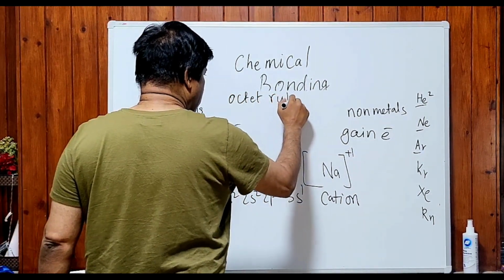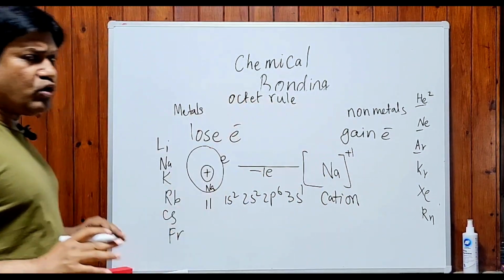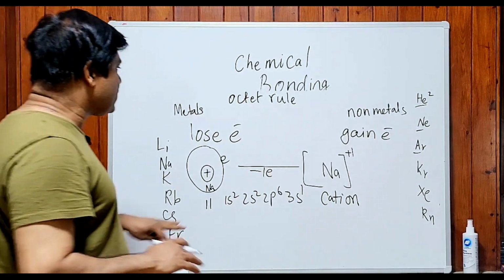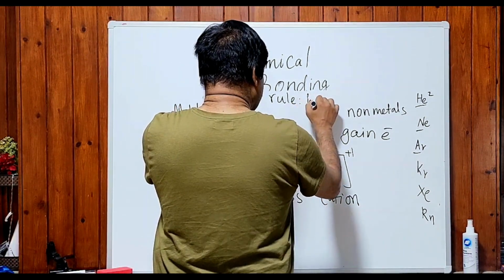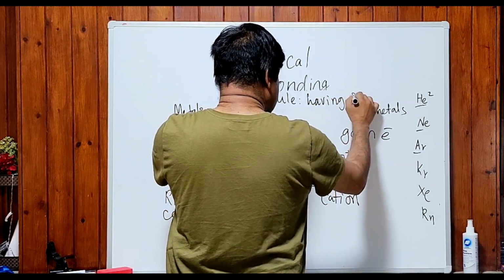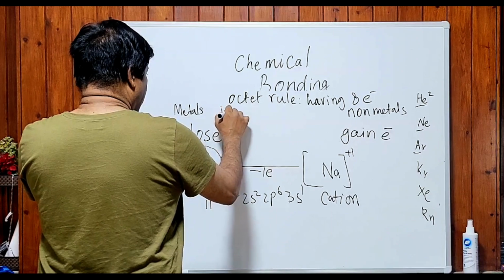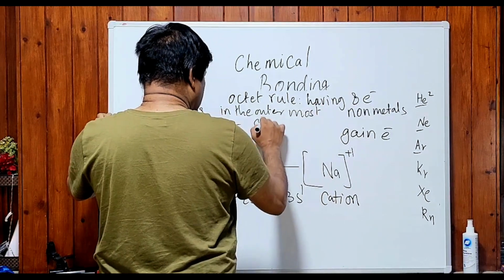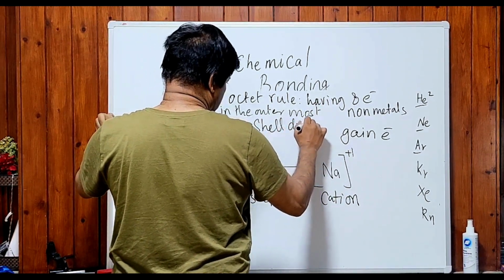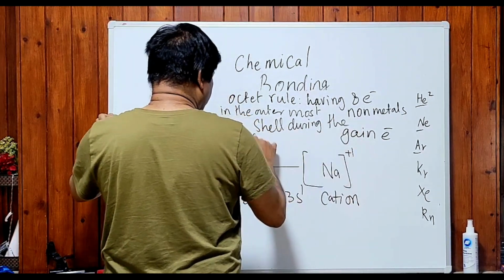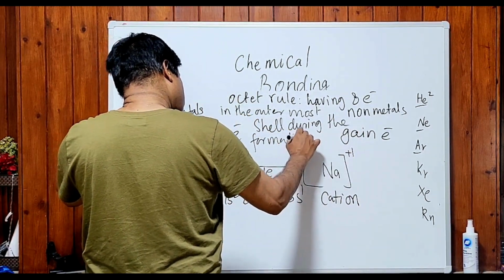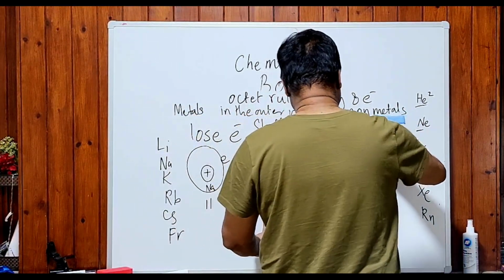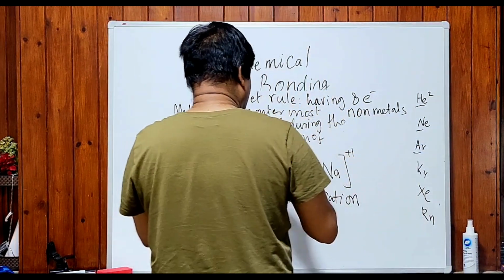The octet rule represents the stability of any compound or molecule by having 8 electrons in the outermost shell during the formation of a bond, any bond like ionic, covalent, or chemical bond.